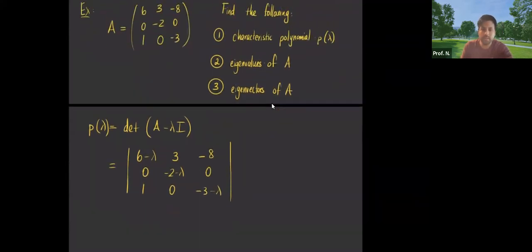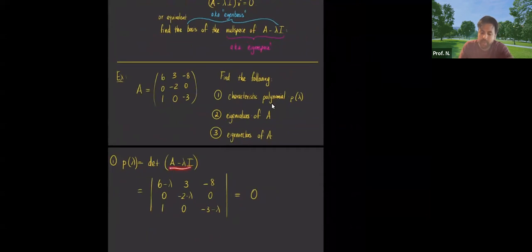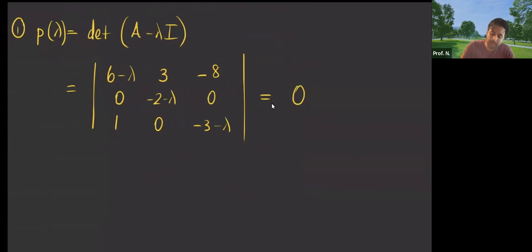Okay, so this is the first thing that we want to find. And this, of course, is set equal to 0 because the assumption is that the null space has non-trivial solutions, which indicates that the matrix itself is singular and not invertible. So the determinant of that matrix must be 0. Now, how do we find the determinant of this matrix?